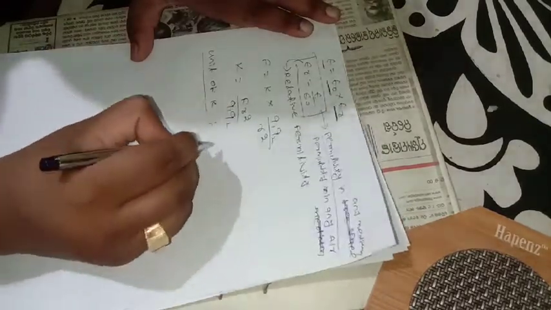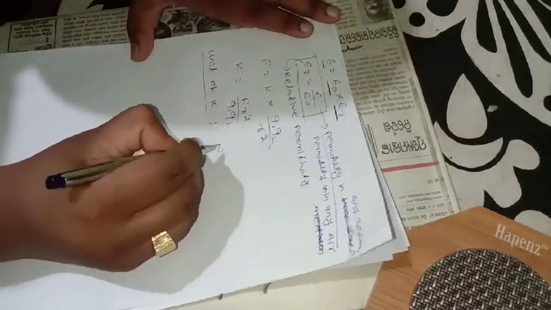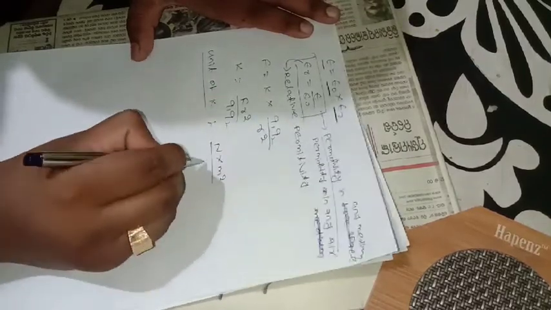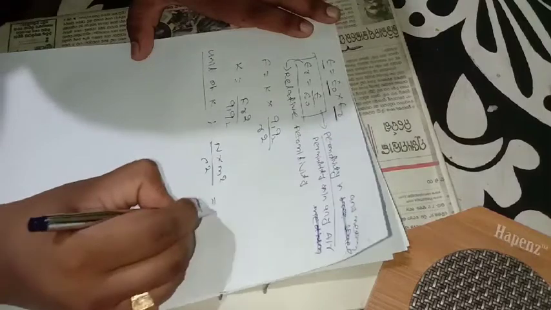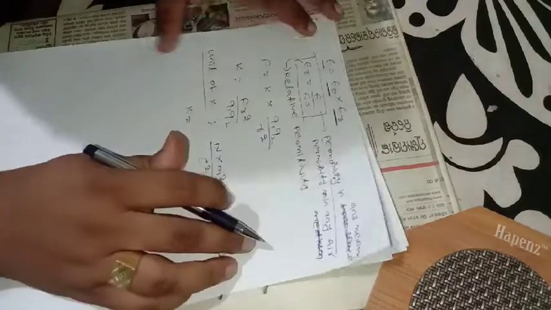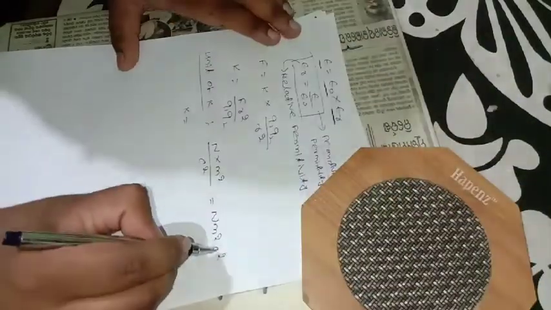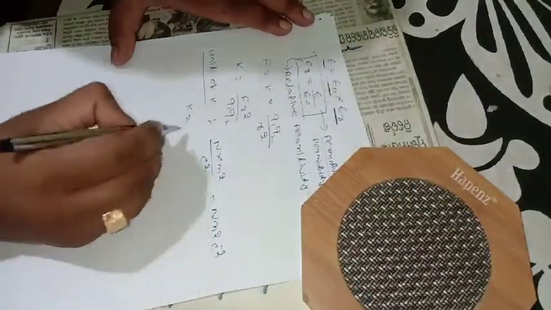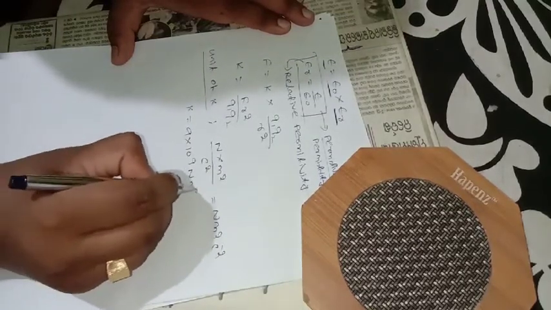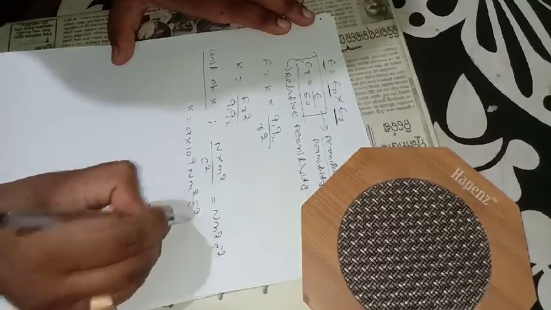F, what is the unit? Force, Newton. Distance square means meter square. Q1 Q2 means Coulomb square. So I can say Newton meter square per Coulomb square. That's why the value I have written, K is equal to 9 into 10 to the power 9 Newton meter square Coulomb inverse 2.